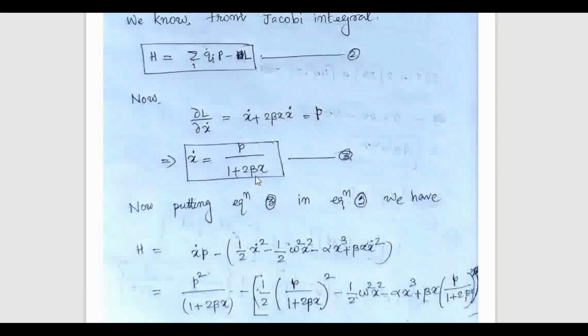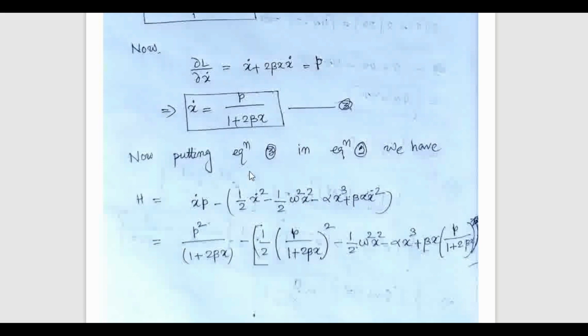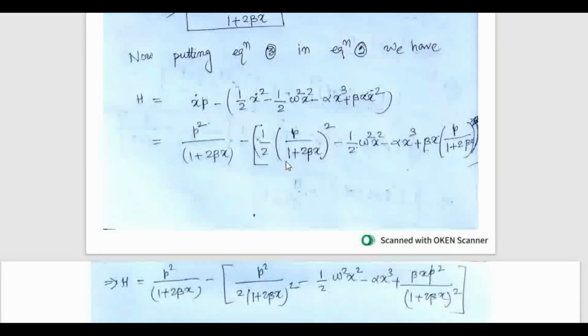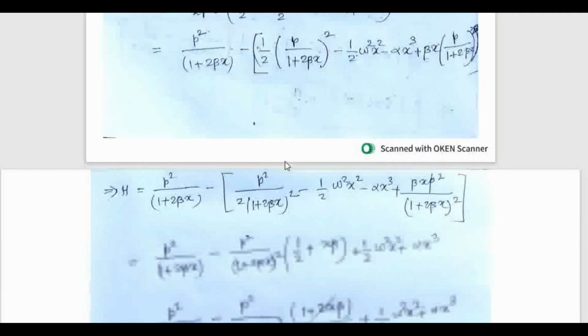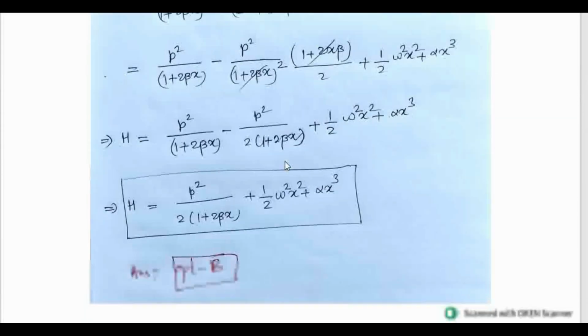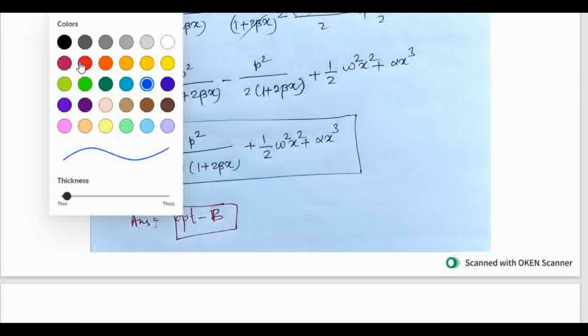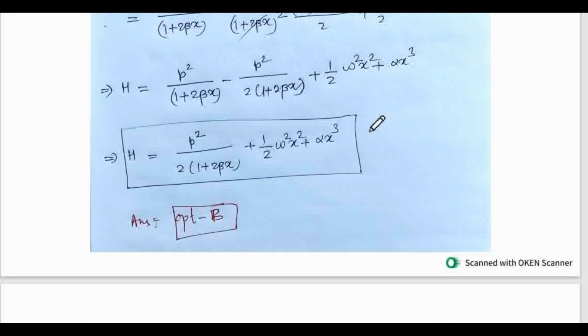If you substitute this value in equation 2, and after simple math, you will get the value of H as this. This is the Hamiltonian value, so option B is correct.